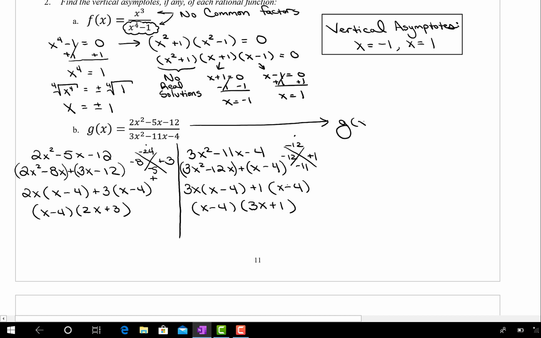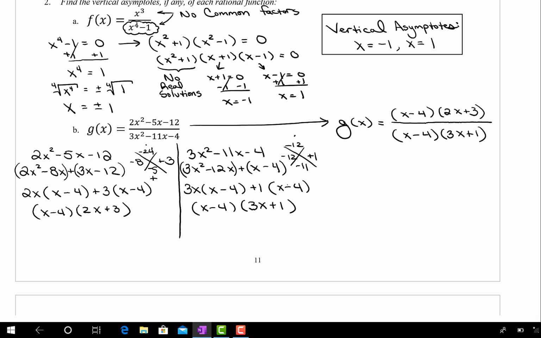So I'm going to rewrite g of x in factored form. For the numerator, I've got x minus 4 times the quantity 2x plus 3 over the denominator, which is going to be x minus 4 times the quantity 3x plus 1. Are there any common factors? Yes, there are.